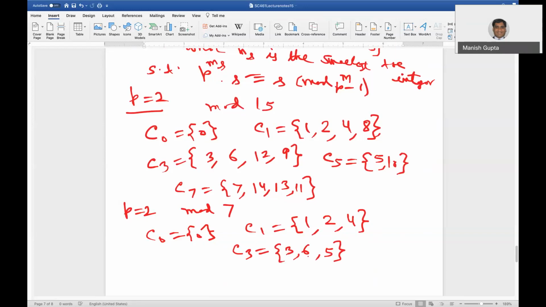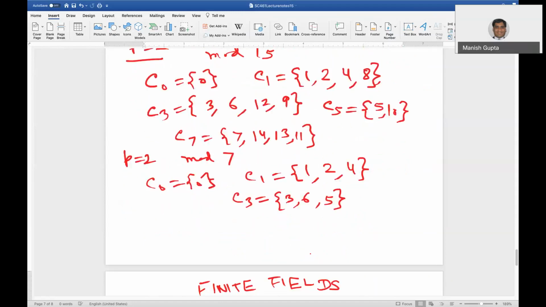Now using this, we can actually construct some minimal polynomials and so on. I will write down for GF(8) what we are going to do.